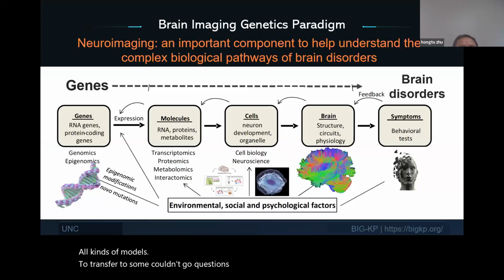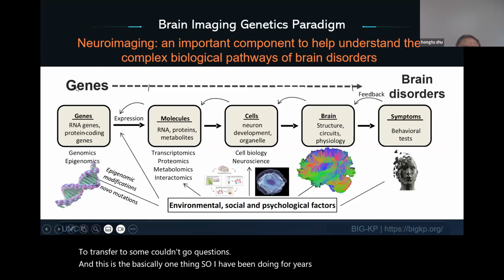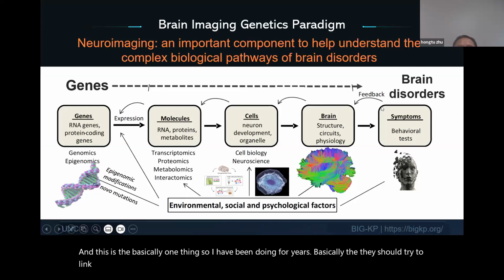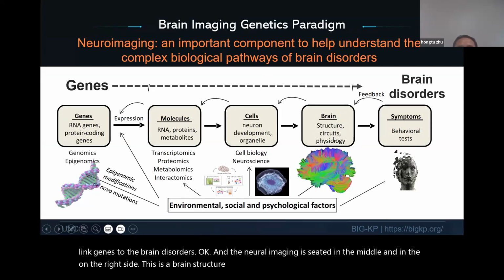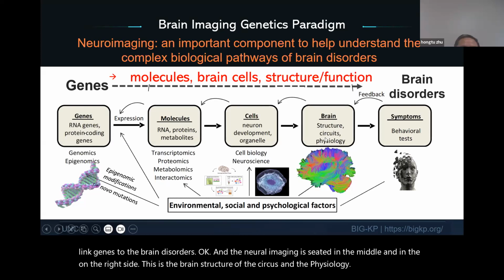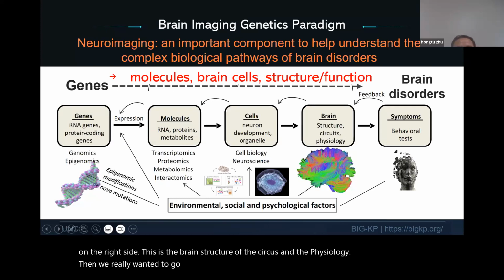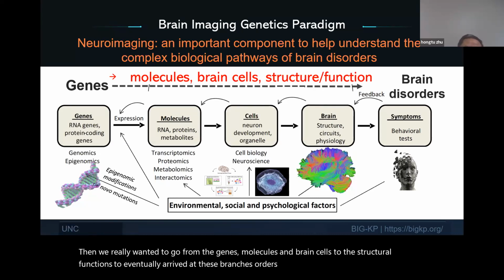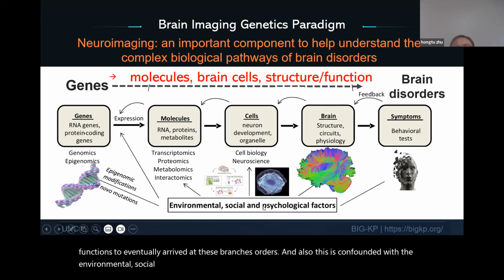Okay. And this is basically one thing that I have been doing for years: trying to link genes to brain disorders. The neuroimaging is seated in the middle, and on the right side are brain structures, circuits, and physiology. And we really wanted to go from the genes, molecules, brain cells, and structure and function to eventually arrive at these brain disorders. And this is also confounded with environmental, social, and psychological factors.